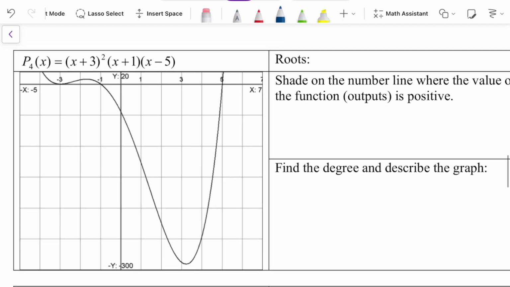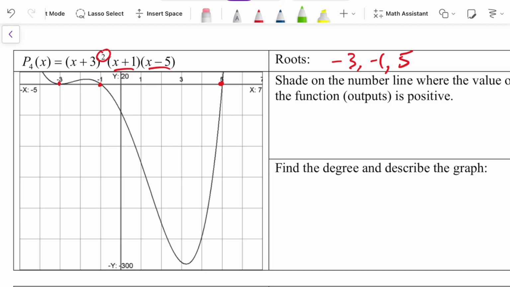Alright, so what's going on here? -3, -1, and 5. There's only 3 roots, but what is the degree? Well, looking at the equation, you have a second degree, a first degree, and a first degree. So the degree is 4.